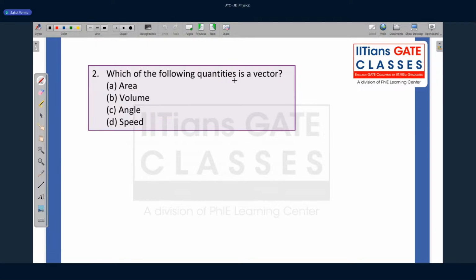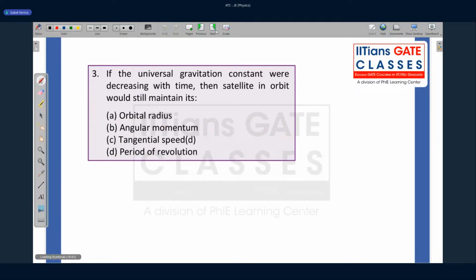Which of the following quantities is a vector quantity? This is simple, you should know the vector and scalar definitions. This is nothing but your area. Area is a vector quantity.